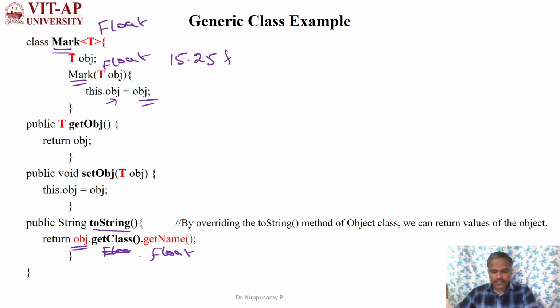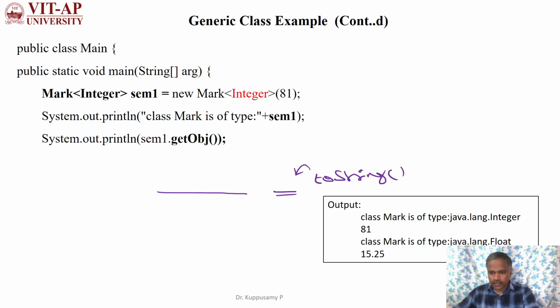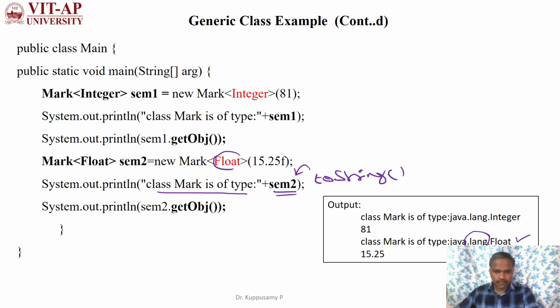The class name is java.lang.Float. This is the default library available in the JVM. This is the data type we are defining for this object sem2, and that is what is displayed here.